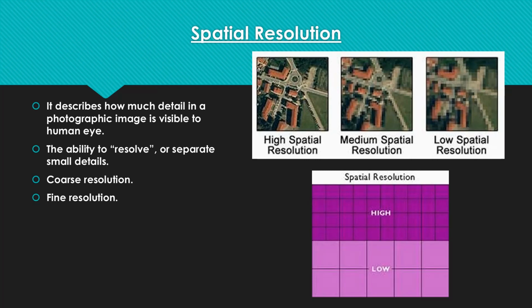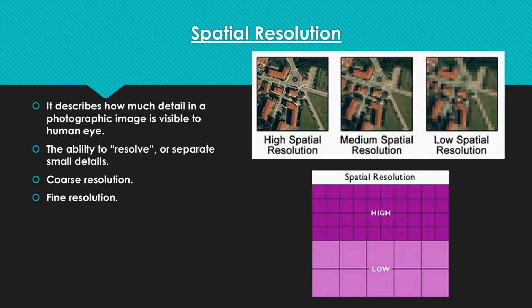Because, as I have said, it is the ability of a pixel to capture ground area. Suppose a satellite imagery is providing 5-meter resolution, that means each pixel in that imagery will capture an area of 25 meter square on the ground, whereas the satellite imagery providing the spatial resolution of 30 meter will capture an area of 900 meter square on the ground.